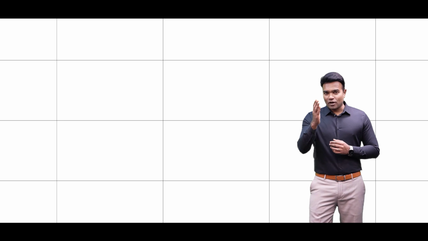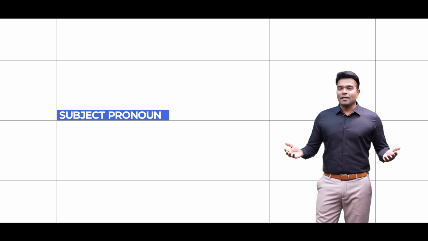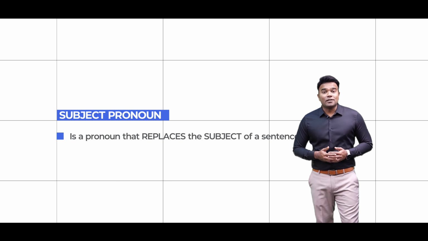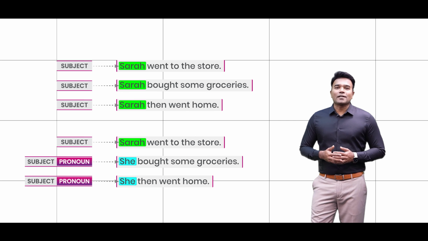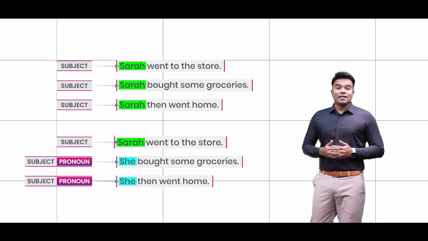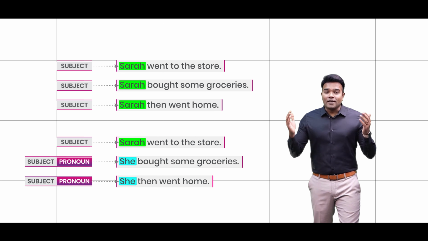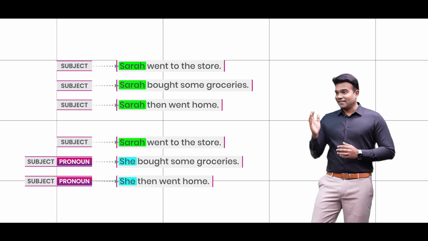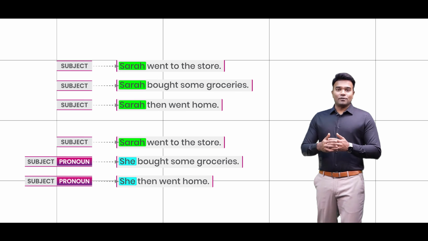That way, the formal definition of the subject pronoun happens to be this, that a subject pronoun is such a pronoun that shall replace the subject of the sentence. Well, you know that in the previous example, the subject of the sentence happened to be Sarah, and she is the word that has replaced Sarah in the remaining two sentences and hence is categorized as the subject pronoun, because after all it is replacing the subject of the sentence.